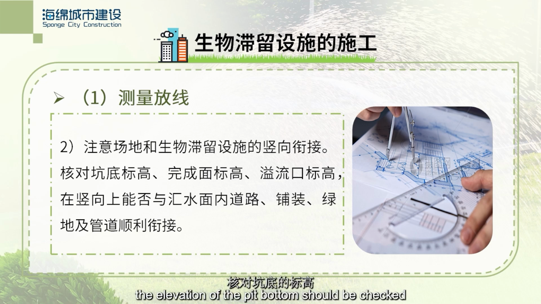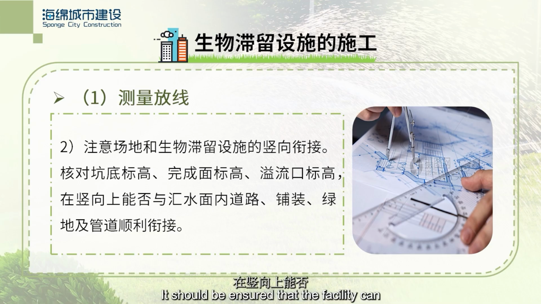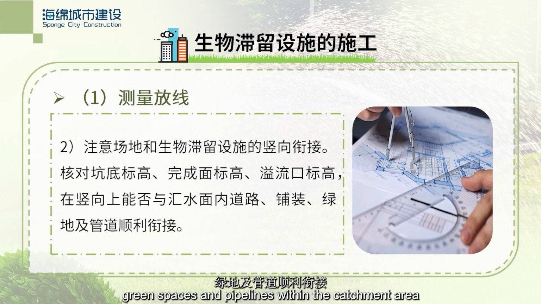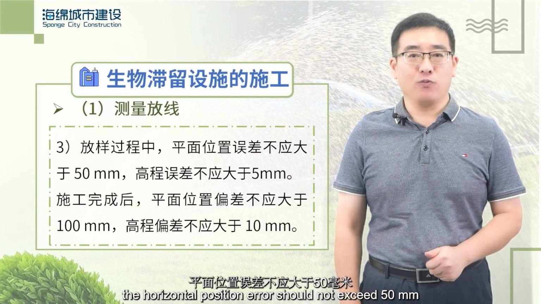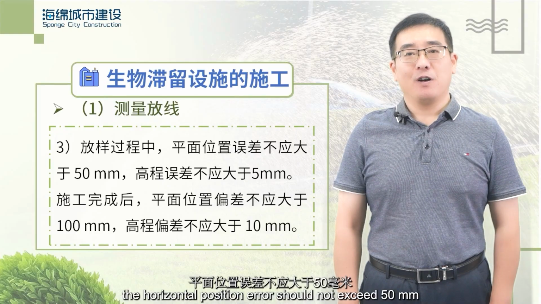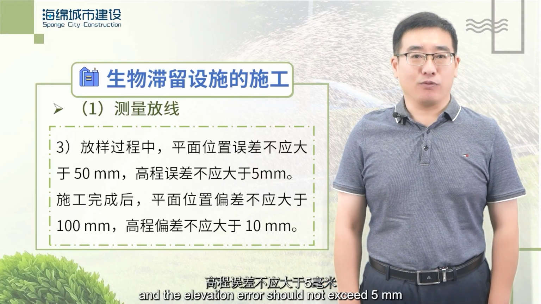The elevation of the pit bottom should be checked, along with the final surface elevation and the overflow inlet elevation. It should be ensured that the facility can vertically connect with roads, paving, green spaces, and pipelines within the catchment area. During the layout process, the horizontal position error should not exceed 50 mm, and the elevation error should not exceed 5 mm.